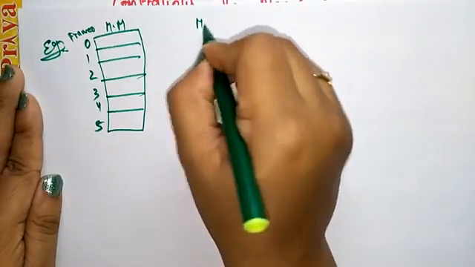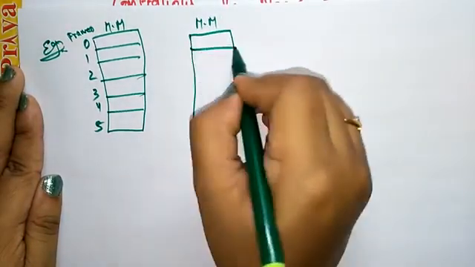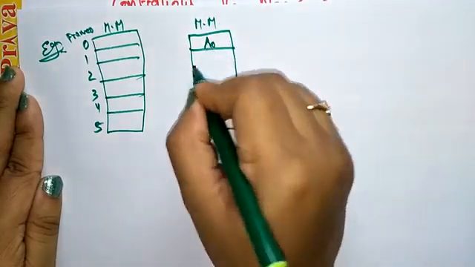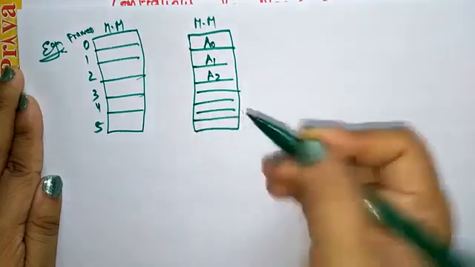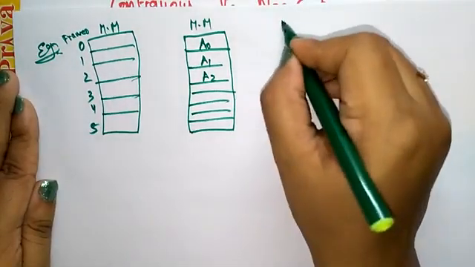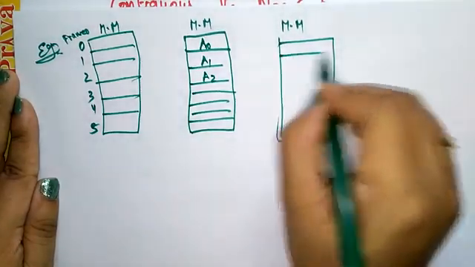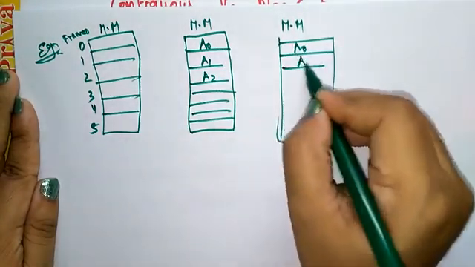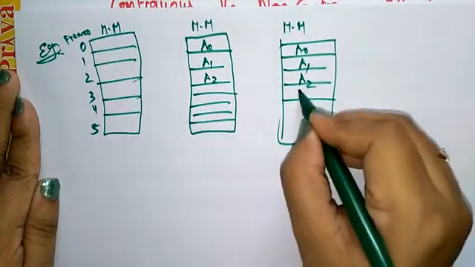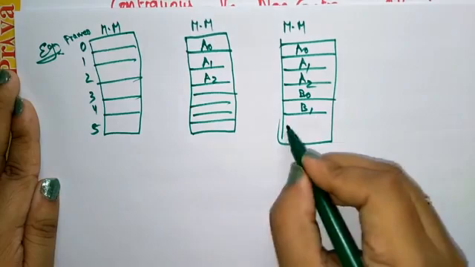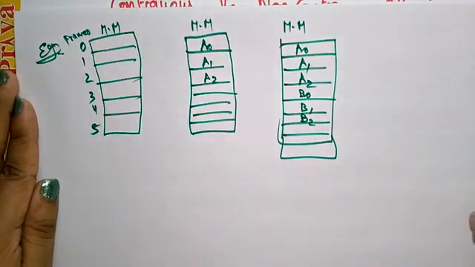Now in each frame we are storing data: A0, A1, A2, and the rest is free space. Then in the main memory I store another process in the next free frames, B0, B1, B2, and free space remains.